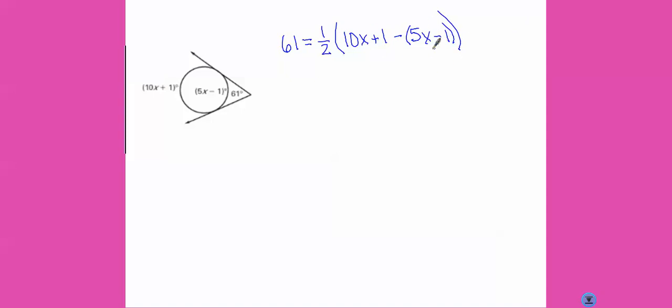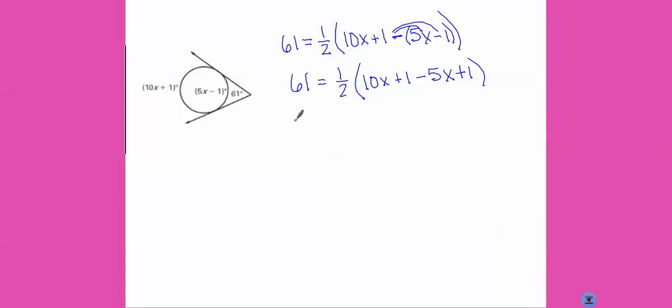Let's simplify what's in these parentheses. So 61 equals 1/2 times, I'm going to bring down the 10x plus 1. Because this minus is for this whole expression, because this whole expression was our arc, we need to distribute the minus. So minus 5x plus 1.